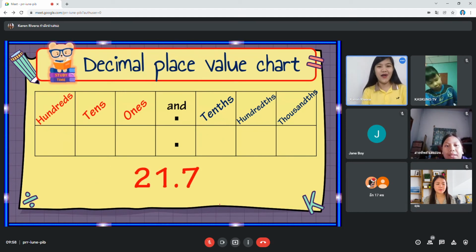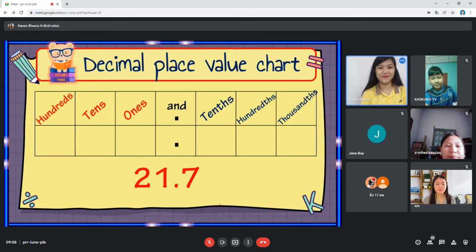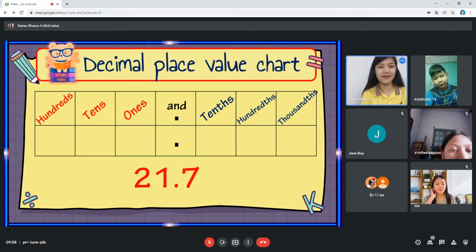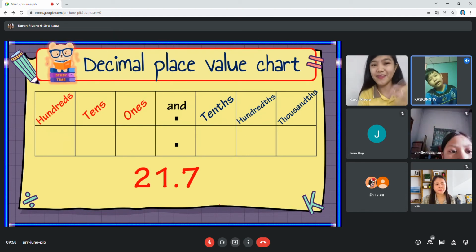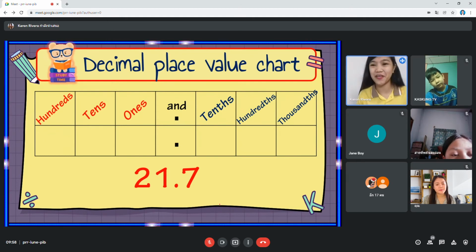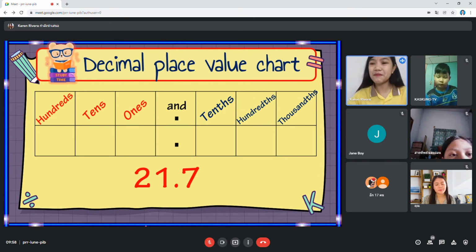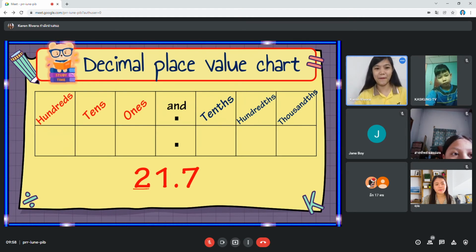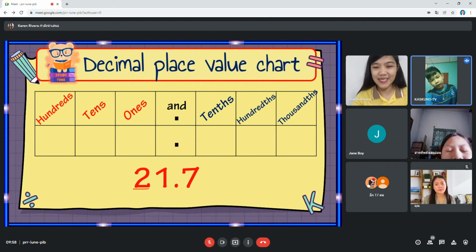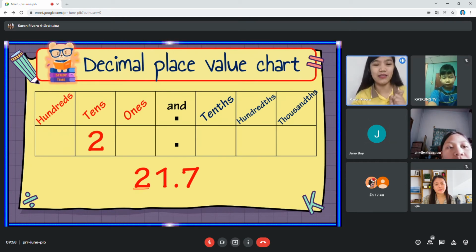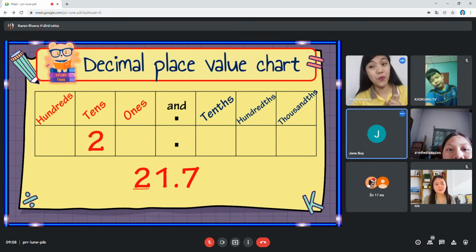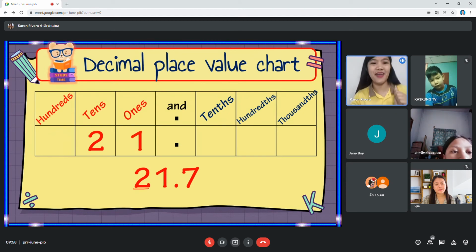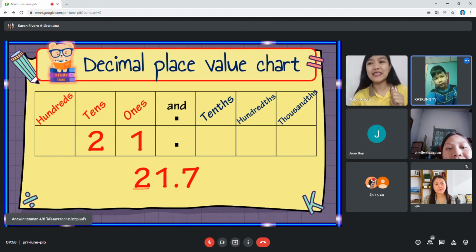How will you read that? Let me see if you still remember. How will you read that? 21 and 17. Let's see if Kasanapon is correct. First, what is the place value of number 2? Tens. Good job. How about 1? Ones. How about 7? Tenths.